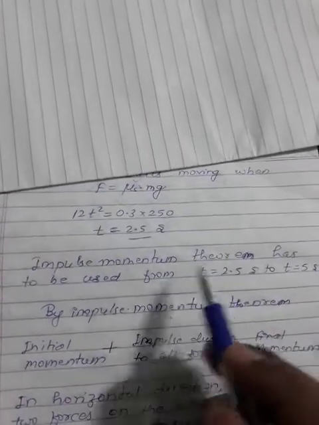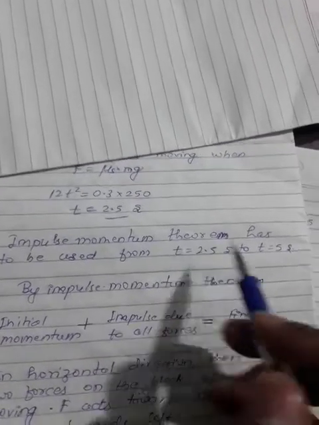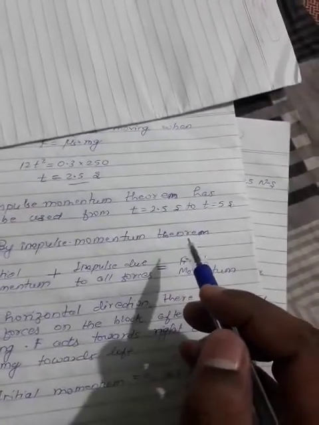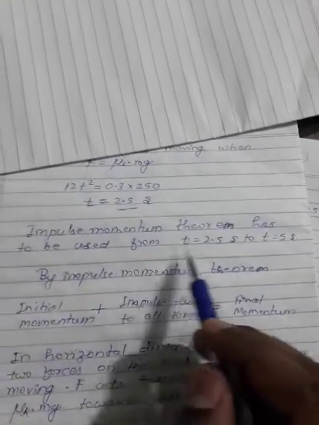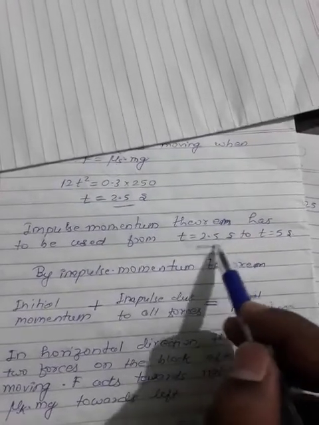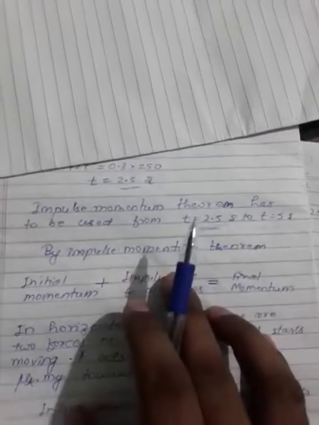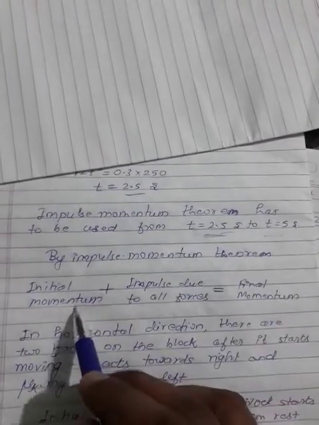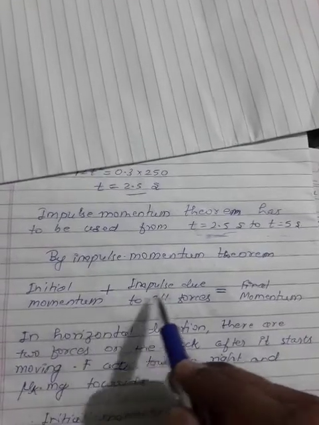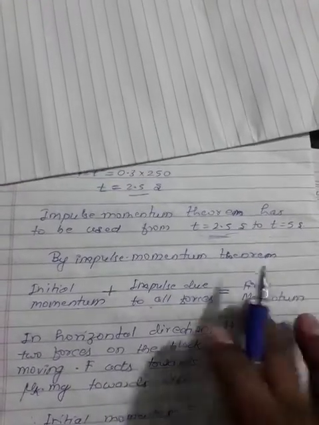Now for the impulse momentum theorem, to calculate the impulse I am going to use the time limit from 2.5 second to 5 second. By the impulse momentum theorem, initial momentum plus impulse due to all forces equals final momentum.